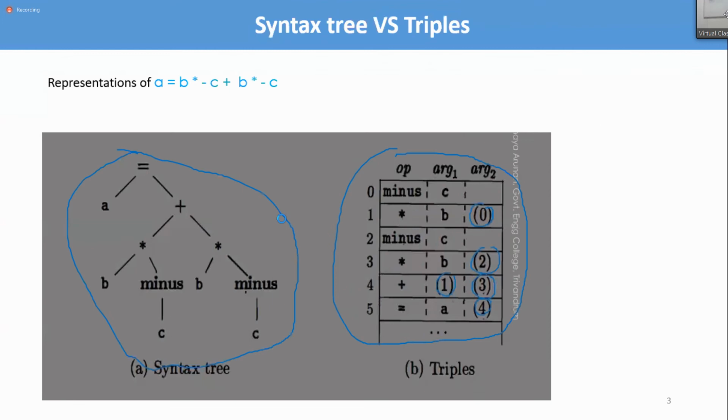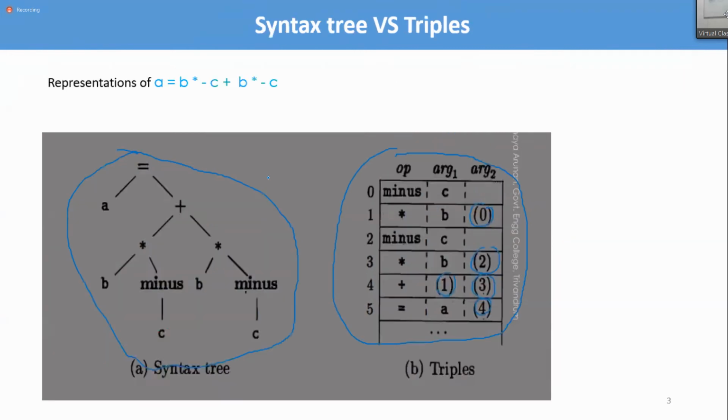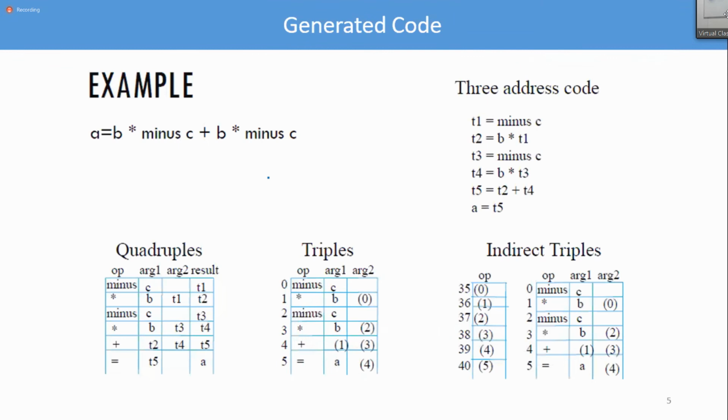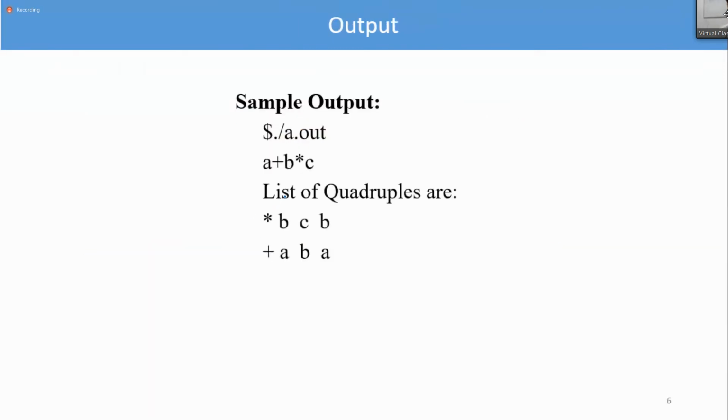So this is the intermediate code generator we looked at: either 3-address code, quadruple, triples, or indirect triples. Today we are going to look at a small simple example of code, and how you construct the quadruples.